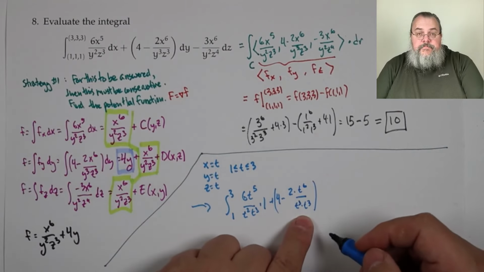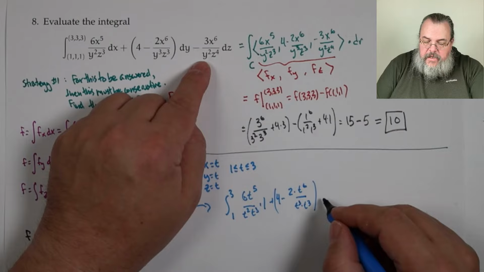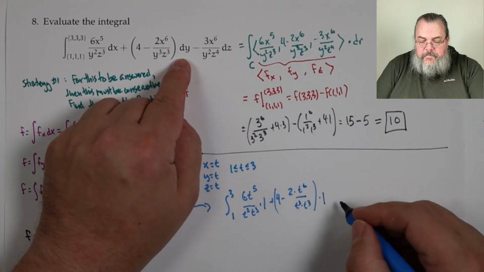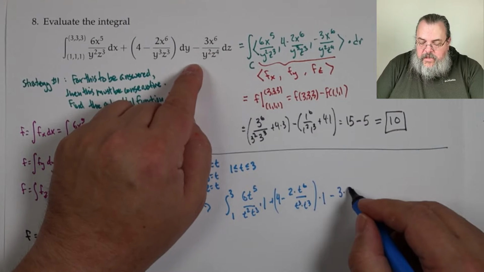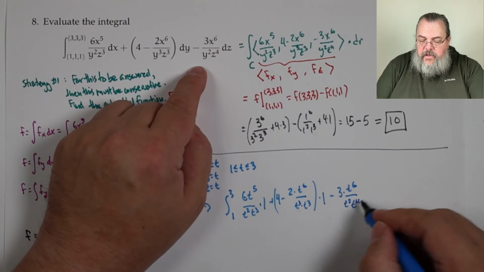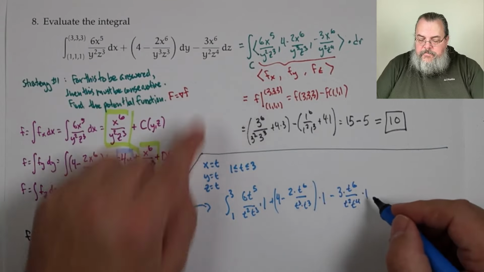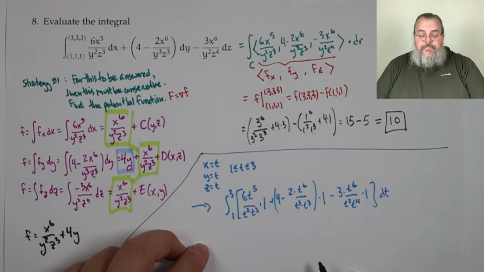Right? I'm just plugging in x equals t, y equals t, z equals t. And dy is 1, minus 3 times t to the 6, because x is t, over t squared t to the 4th, and dz is 1. And all of that becomes dt.